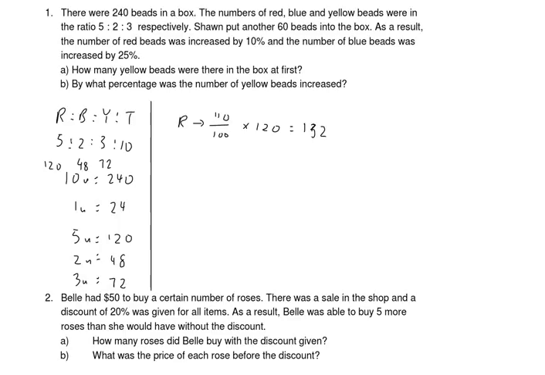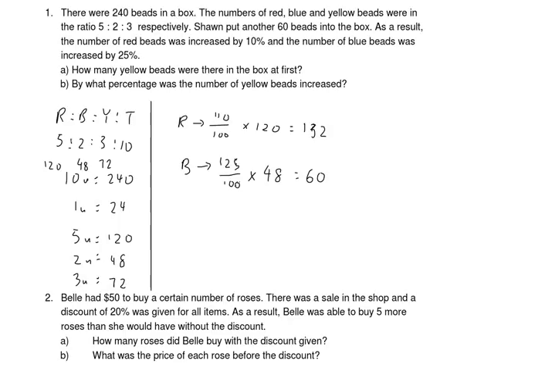Okay. Now, let's look at my blue bits. Blue bits is 125 over 100 multiplied by 48, right? So what's the new number? 60. So we know the red bits actually increase.